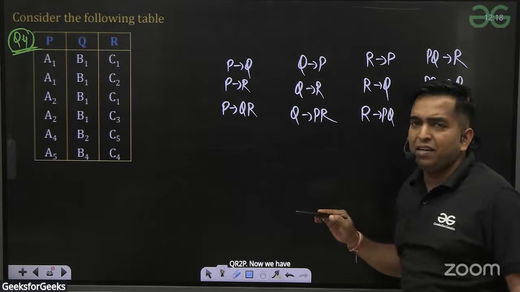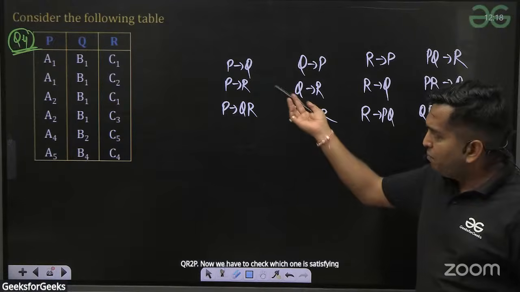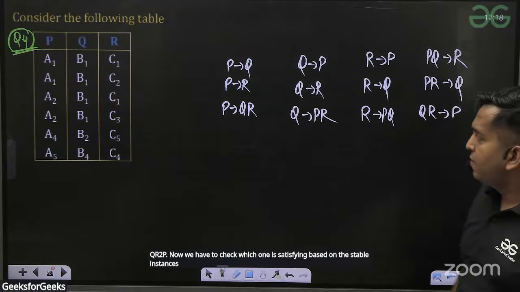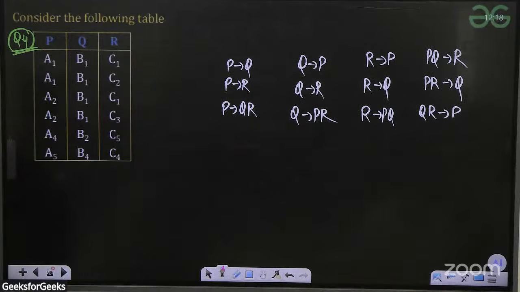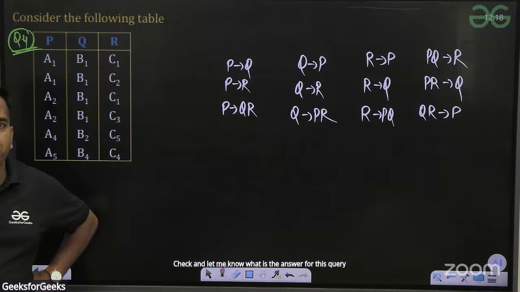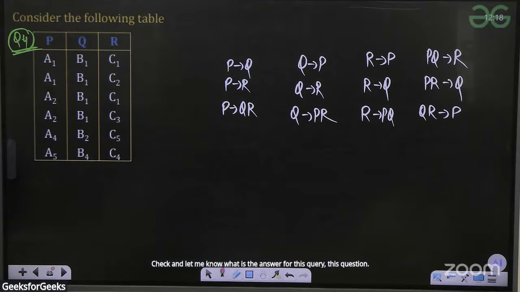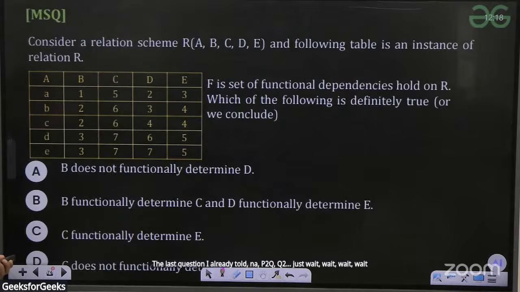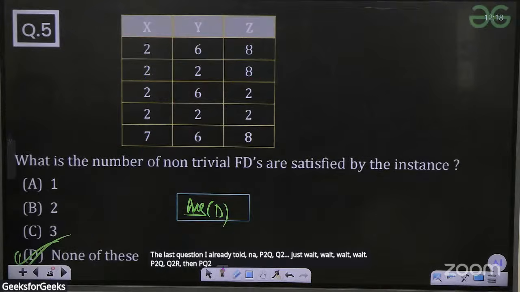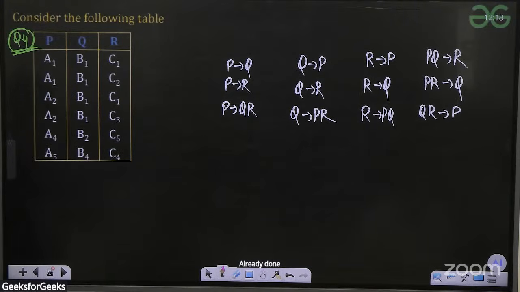Now we have to check which one is satisfied based on these table instances. Check and let me know the answer for this question. In the last question, I already told you P2Q, Q2R, then PQ2R. Already done. Vedant, just wait.